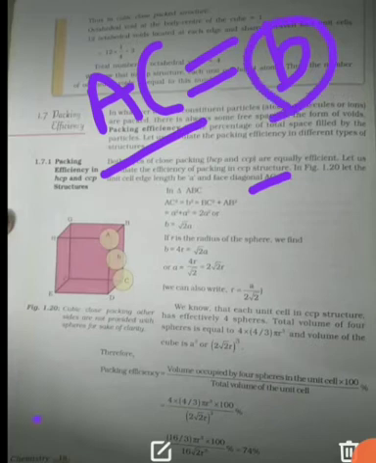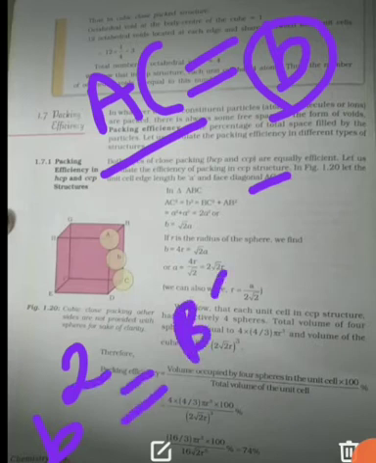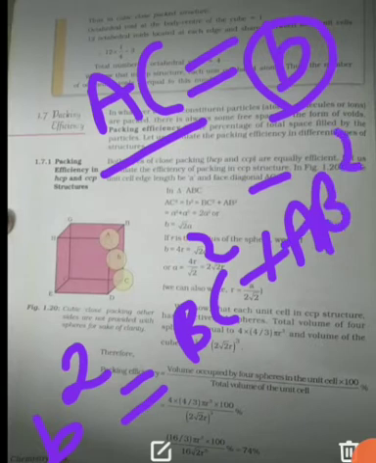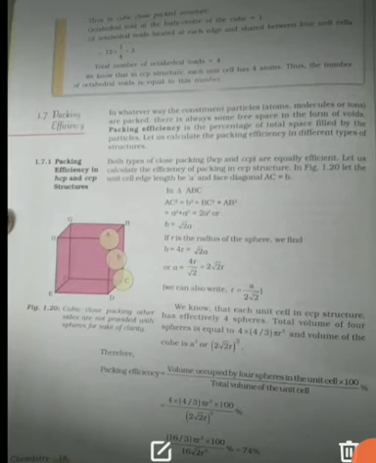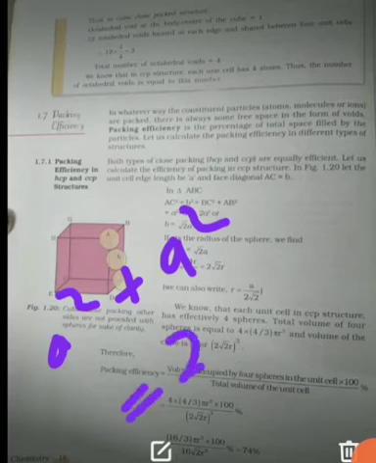So we can equally write B square is equal to BC square plus AB square. As it is also told that BC and AB are equal to A, we can write A square plus A square, or 2A square.